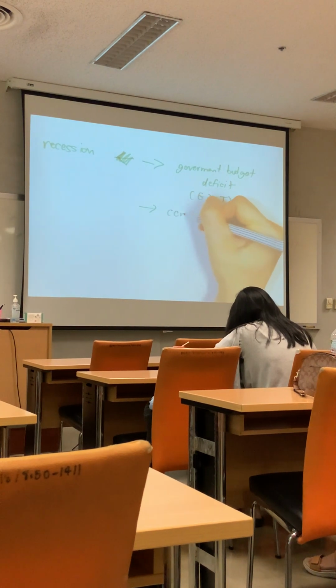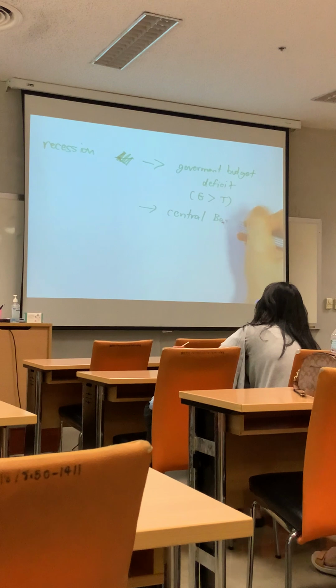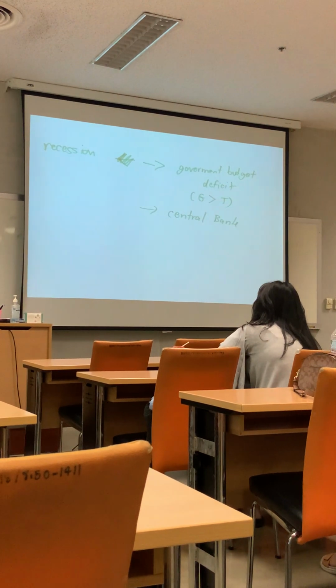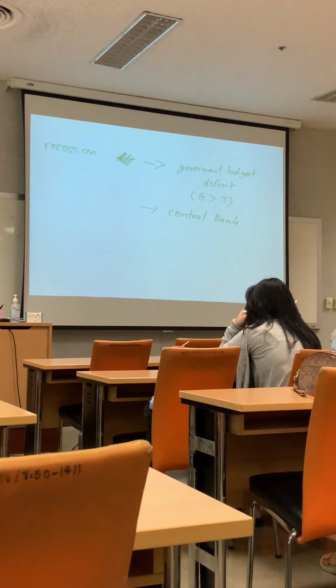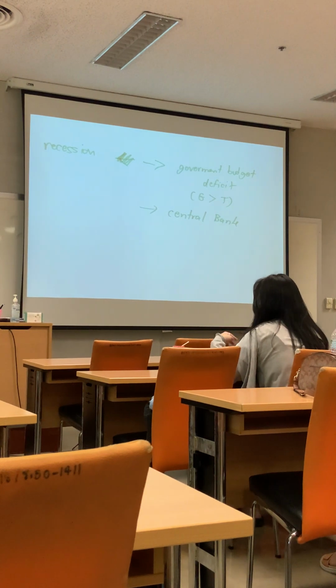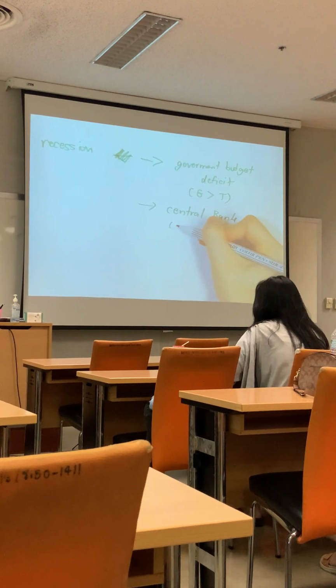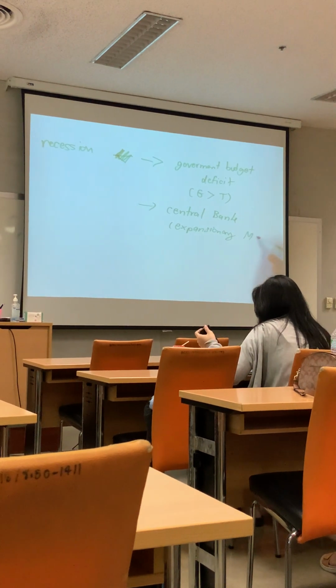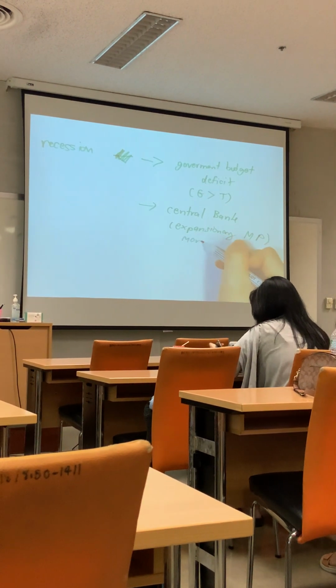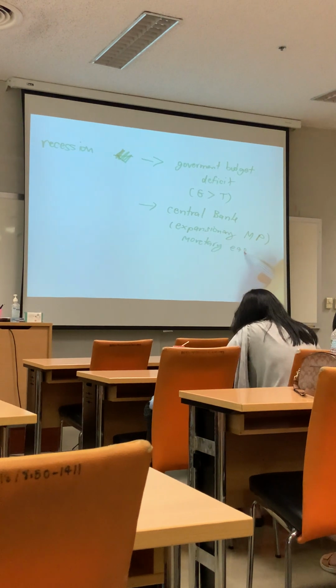If you are the central bank, we have two types of monetary policy: expansionary, or monetary easing, which means we would like to increase the money supply. The other is contractionary monetary policy, or monetary tightening, which means we want to reduce the money supply. So in here, we have to use expansionary monetary policy, or monetary easing.